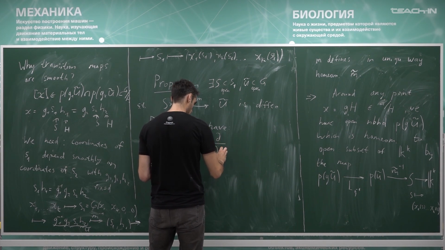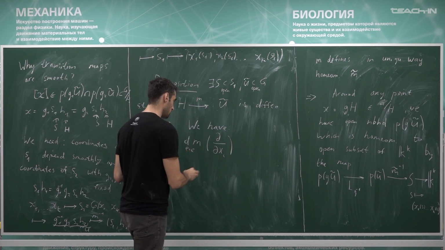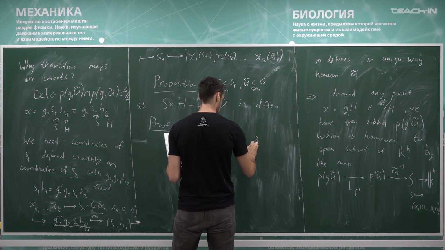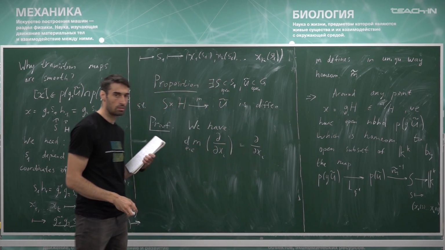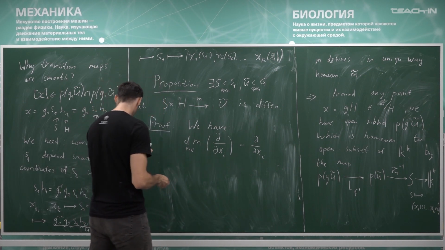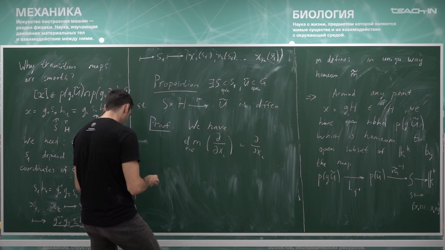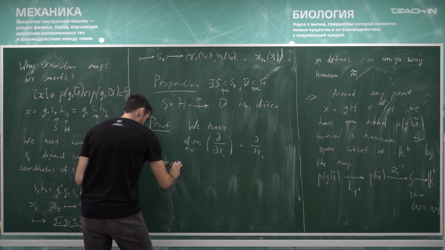the tangent vector corresponding to coordinate xi by dm is just d over dxi, the tangent vector to identity in here, right? Indeed, this is easy.